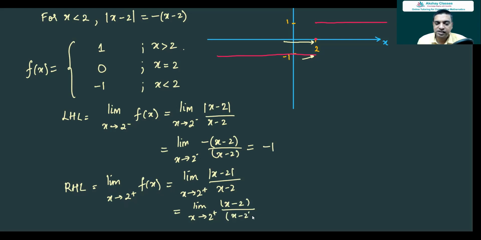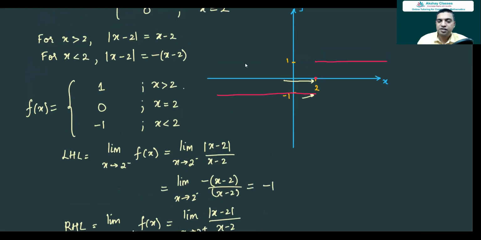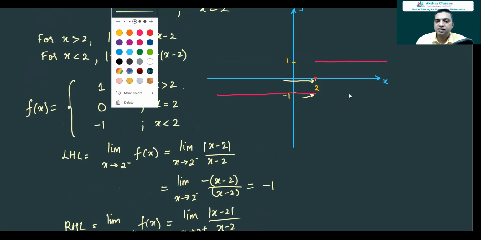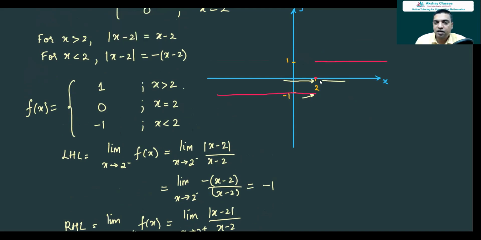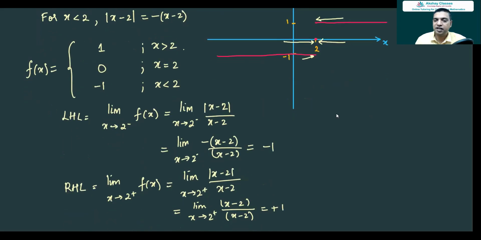Upon the same positive number, you get plus 1. So as x approaches the value 2 from values greater than 2, 2 plus, the function is throughout a constant equal to plus 1. So left hand limit is minus 1, right hand limit is plus 1.